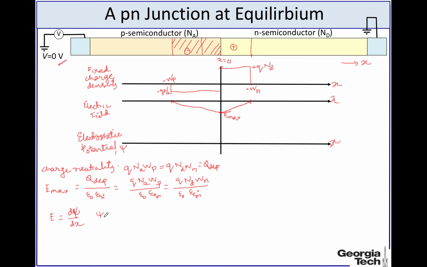So psi is basically the integration of the electric field with respect to the position x, at any given position x.